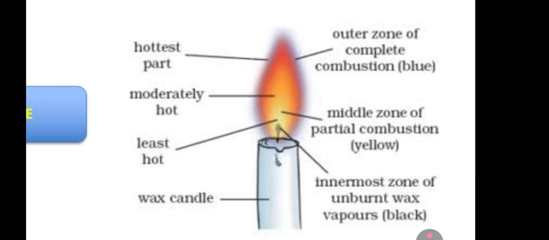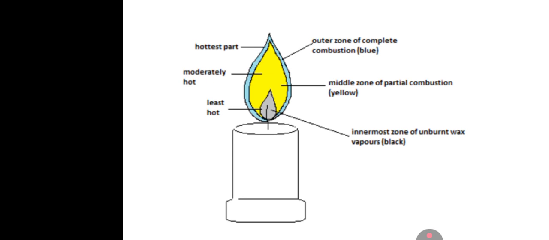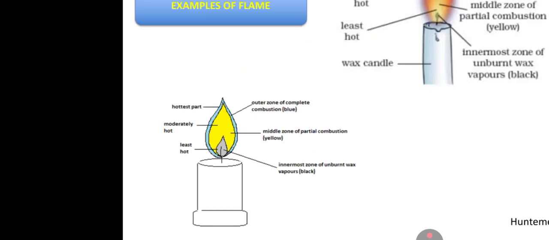The least hot is the place where the partial combustion occurs, or where you have the innermost zone, unburnt wax, and the last part of the flame, which is the flame stand or the wax candle. The same thing is here. When you check this image, the same thing.